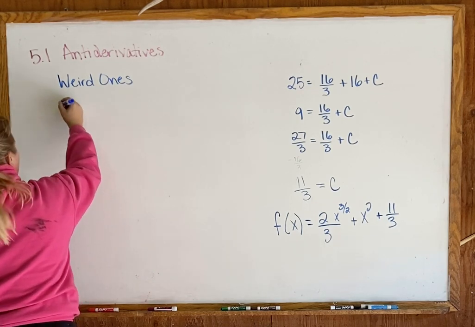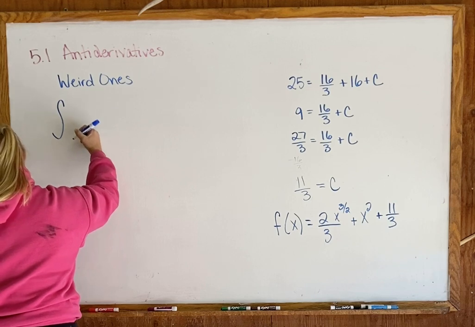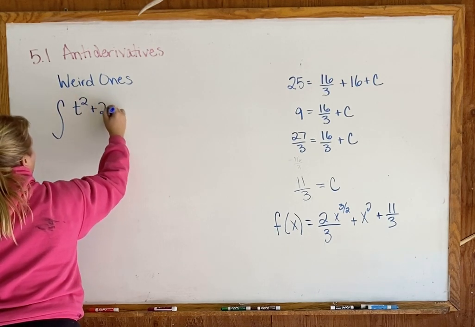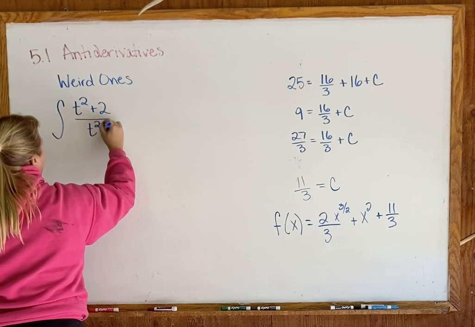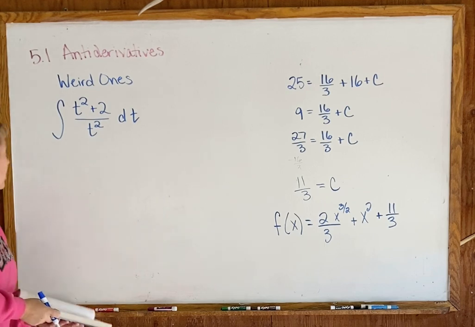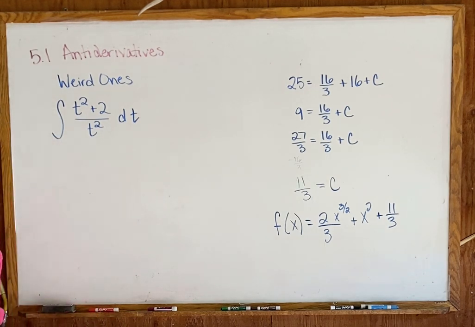On this one, they're not only making it weird looking, but they're also changing the variable on you. So they've given us the integral of t squared plus 2 over t squared dt.